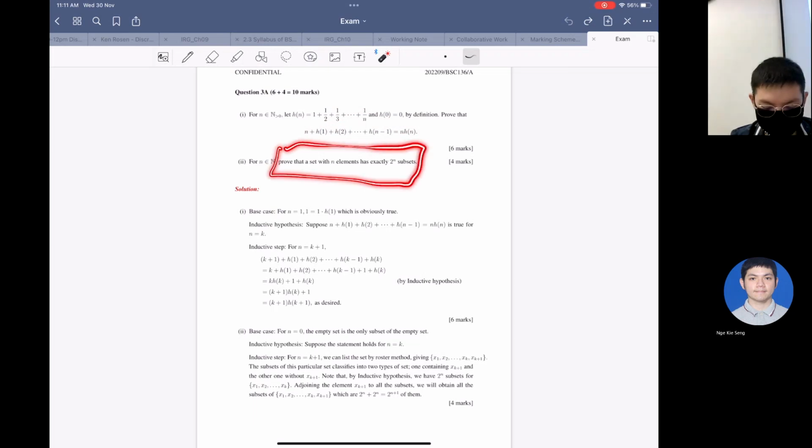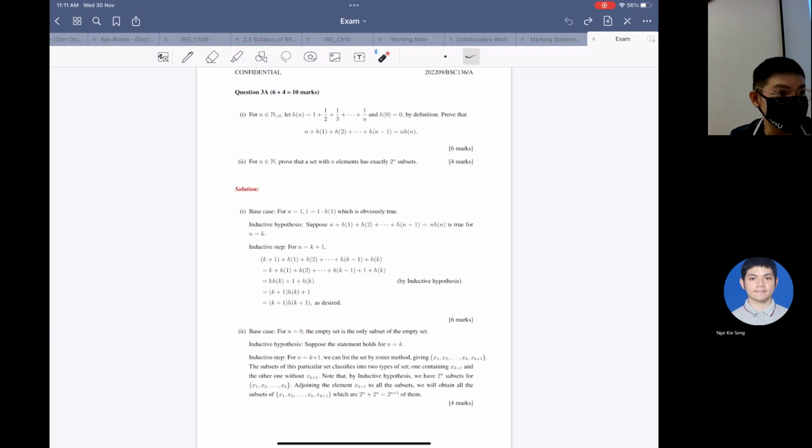Some of you also show this using the counting way. We hadn't reached counting yet at that time, but some of them know how to use counting, so that's fine. They said that whether one element is in the set or not, there are 2 possibilities, or 2 to the power of n.